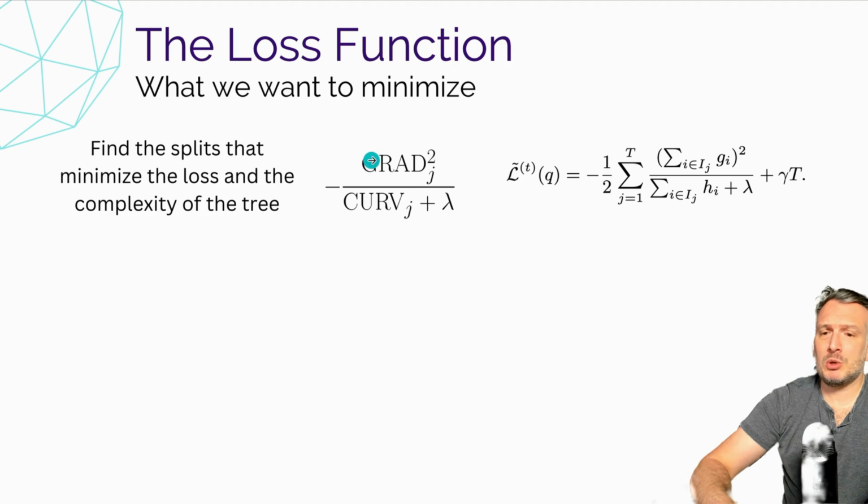So when we want to minimize the loss function, we want to find the gradients that are maximal, because the highest gradient with the minus will minimize the loss function the most, but we also want the curvature to be minimized as well. If we have a low curvature, this whole function will be maximized and we will minimize the whole loss function faster. So we want to maximize the gradient and minimize the curvature.